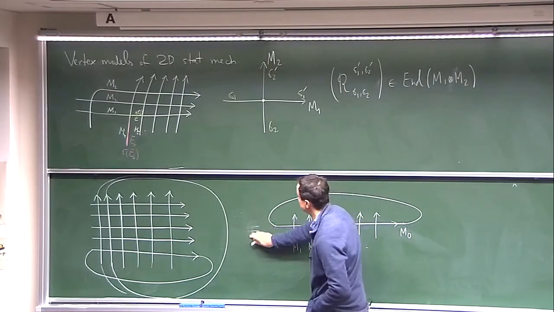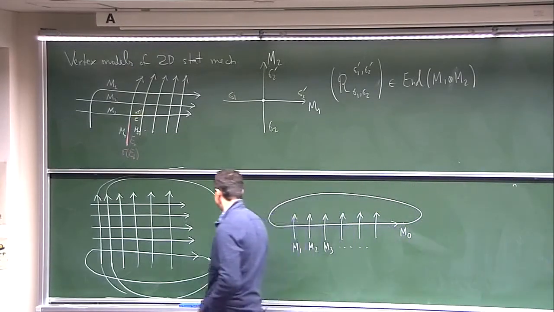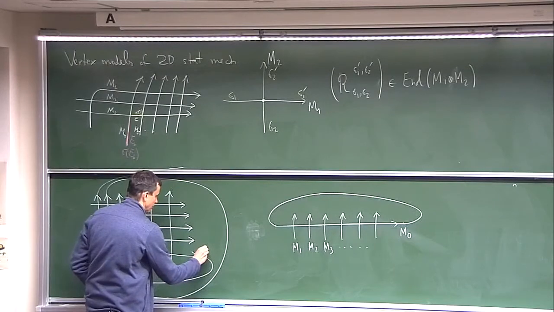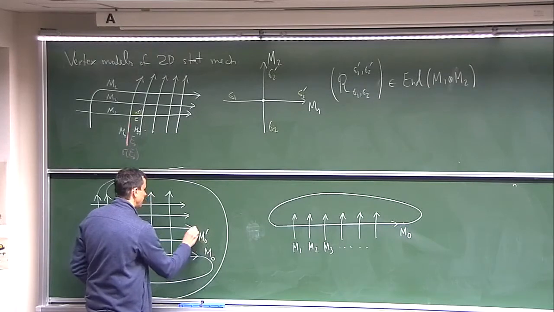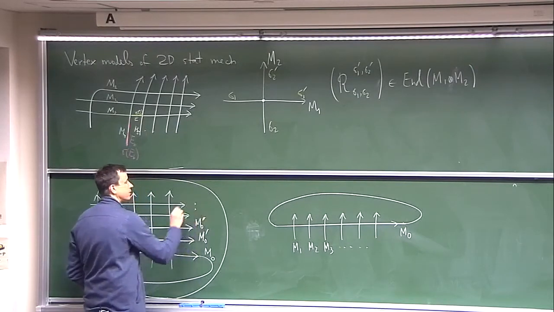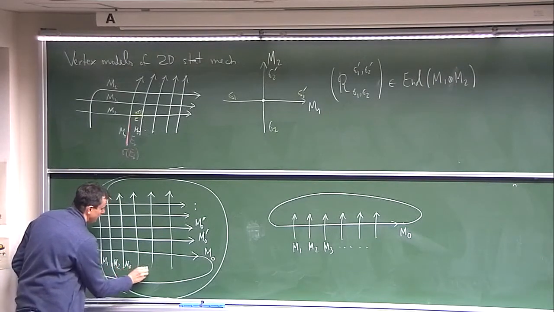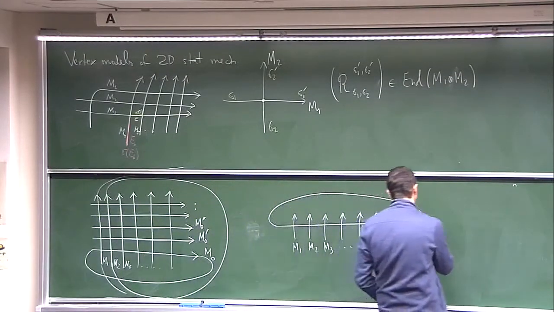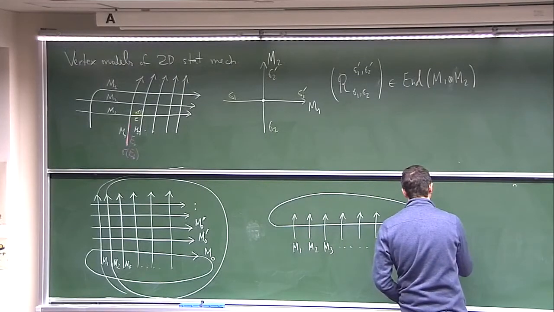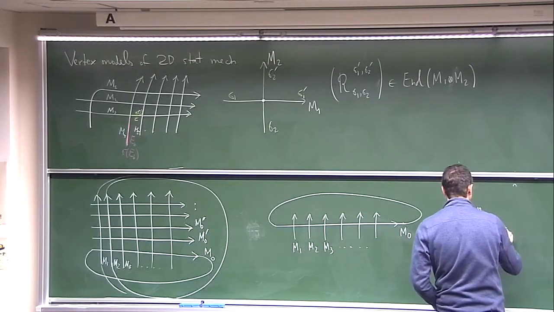So sorry, there's no equality yet. So this is maybe called, let's say, M0 here, M0 prime here, M0 double prime there, and so forth, and then M1, M2, M3, and so forth. This is an operator. This is an endomorphism of the tensor product from i going from 1 to n, T_i.